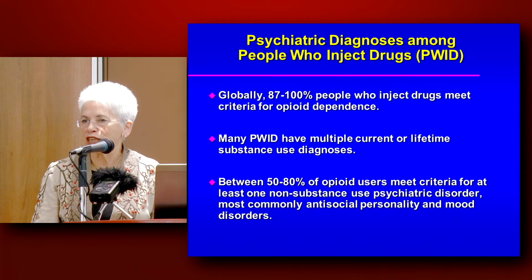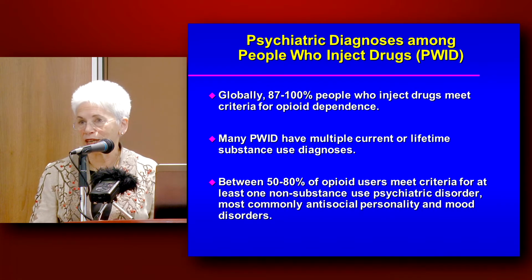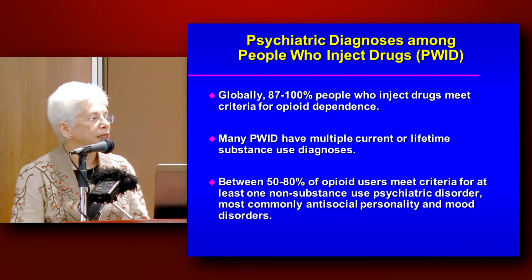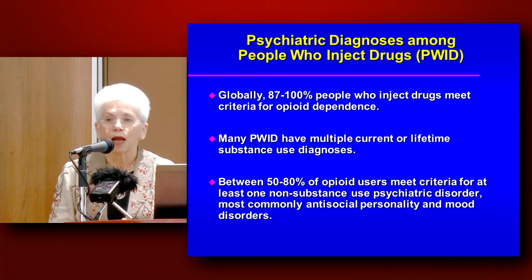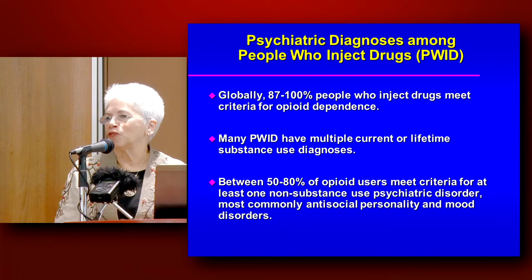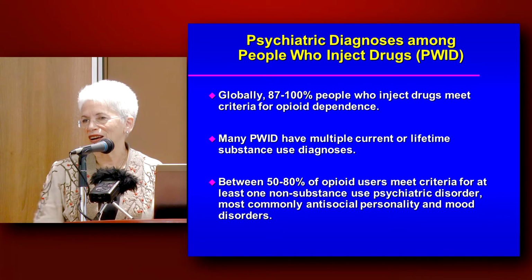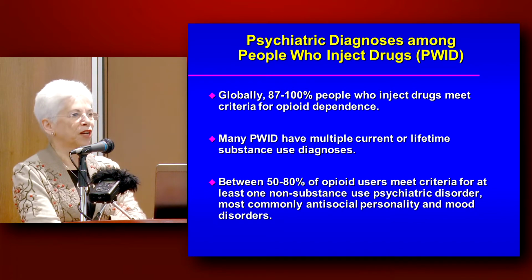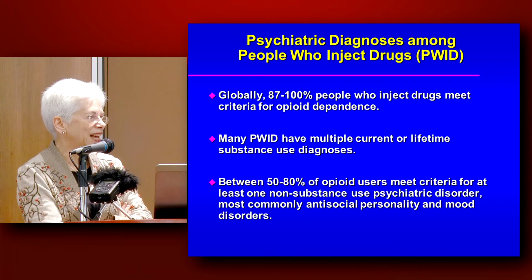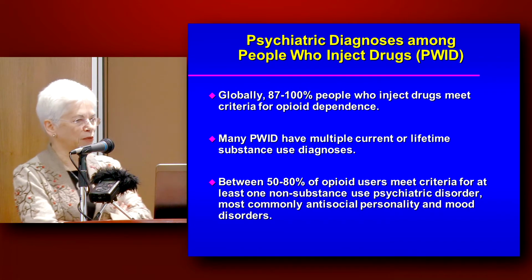Basically, when it comes to injection drug users, another population among which HIV has spread significantly around the world, and especially in places like Russia, about 100% of people who use drugs have a mental illness if they're injecting. First of all, close to 100% have opioid dependence, and many of them have other substance abuse problems.